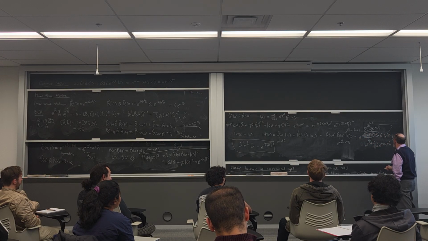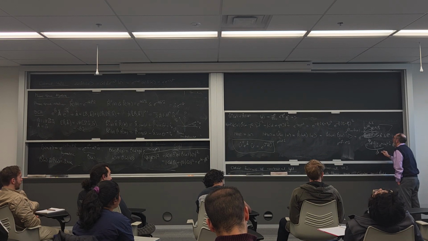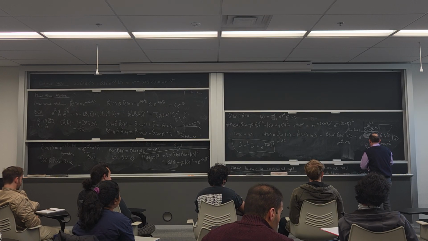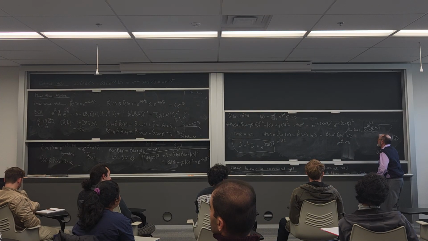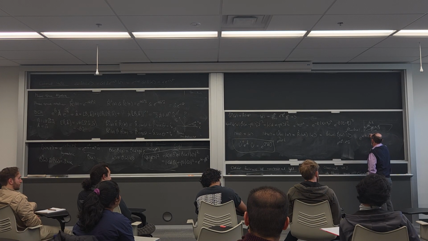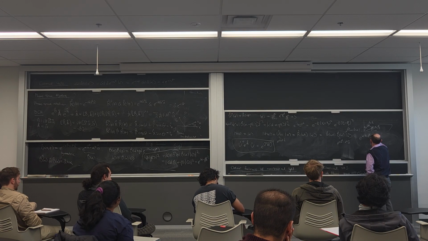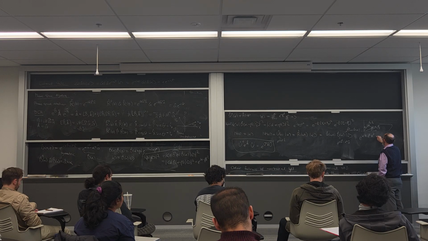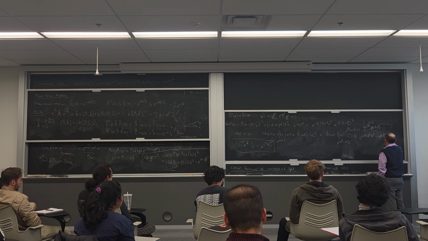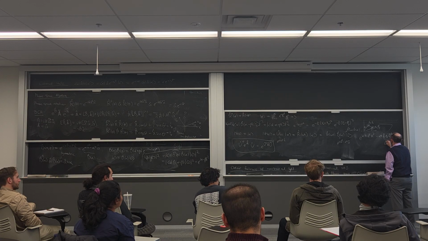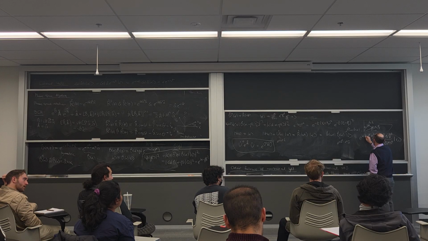So, with that said, this is equal to a e to the plus i omega t, and this is equal to a dagger e to the minus i omega t.